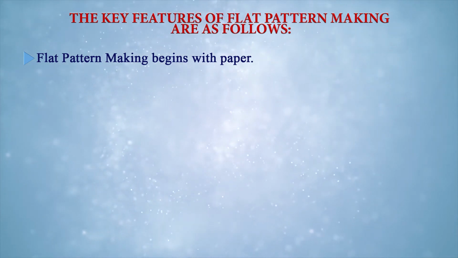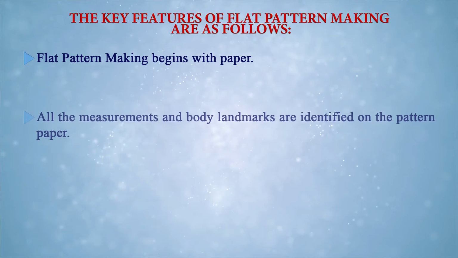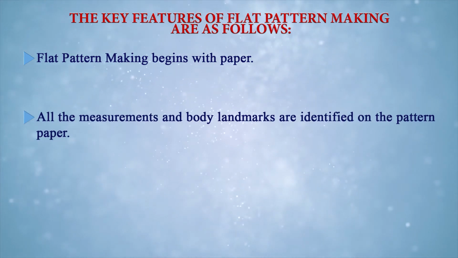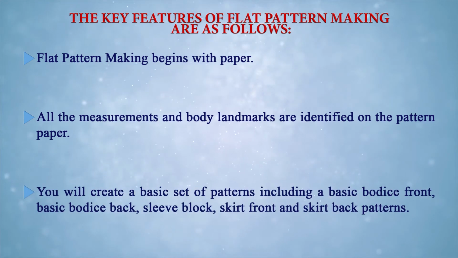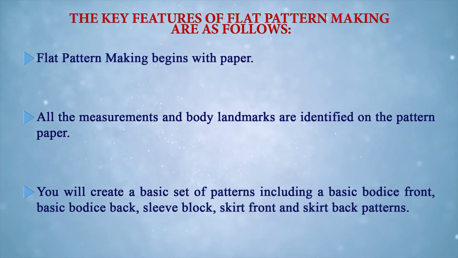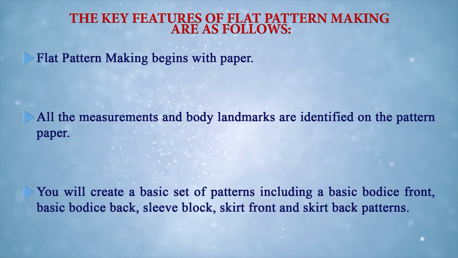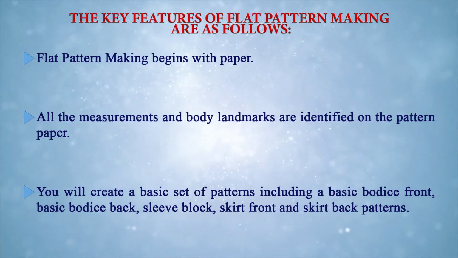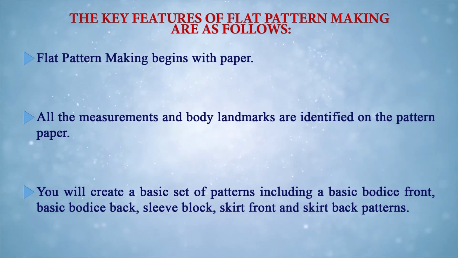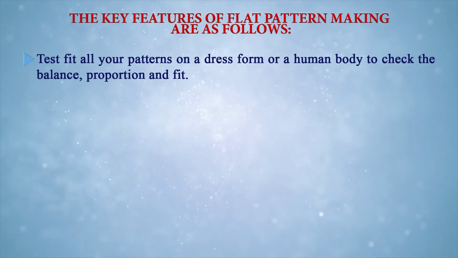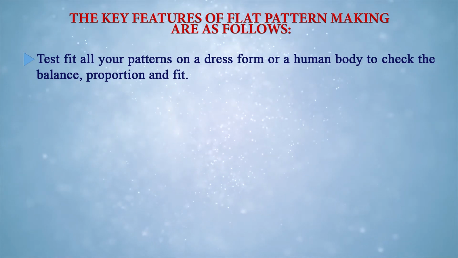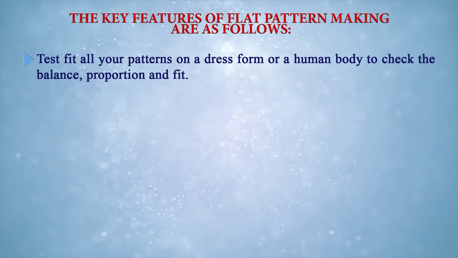All the measurements and the body landmarks are identified on the pattern paper. You will create a basic set of patterns including the basic bodice front, basic bodice back, sleeve block, skirt front, and skirt back pattern, then test fit all patterns on the dress form or a human body to check the balance, proportion and fit.